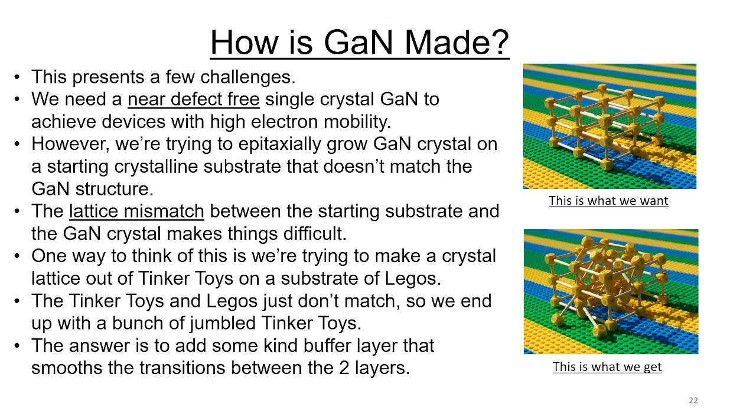And one way to think of this is we're trying to make a crystal lattice out of Tinker Toys on top of a Lego substrate. Now I pictorially show this up on the right here. The lattice mismatch doesn't work. So we basically end up with just a bunch of jumbled Tinker Toys on top of our Lego substrate. The answer to this is to add some kind of buffer layer that smooths out the transition between these two layers.